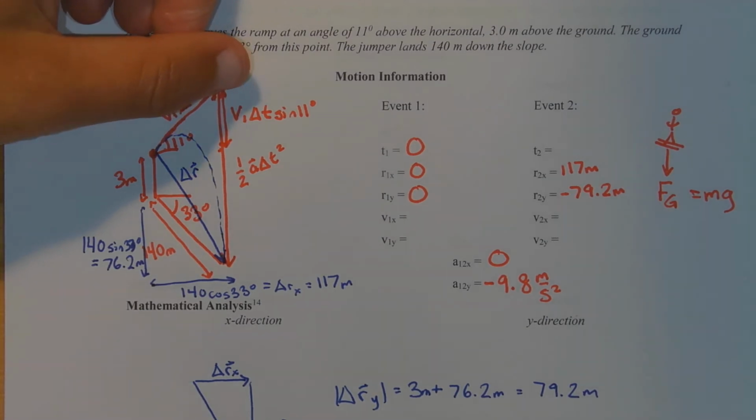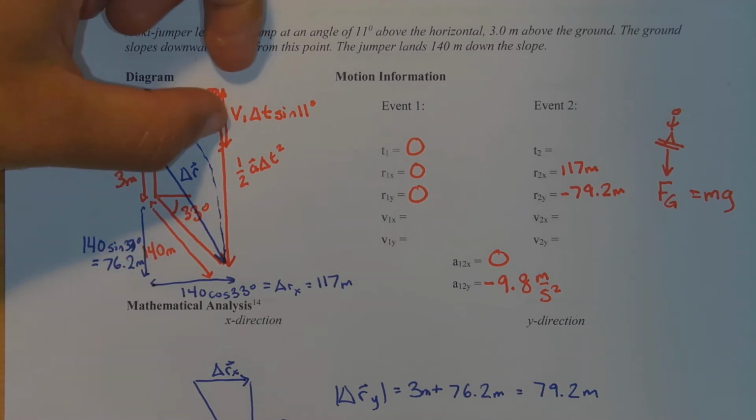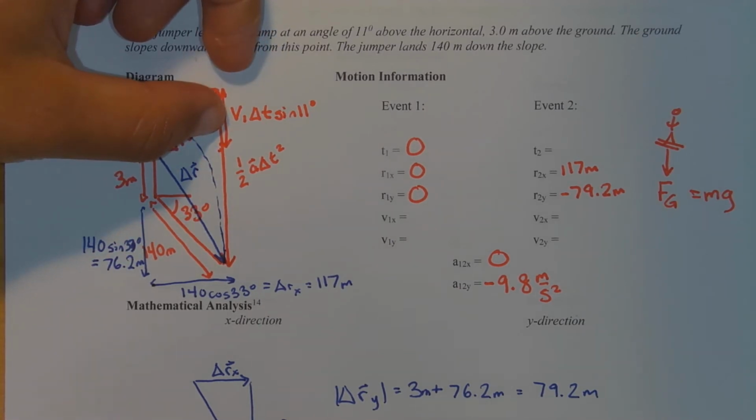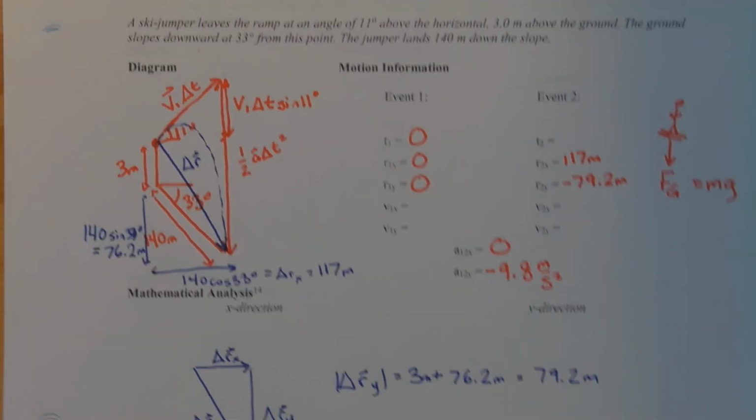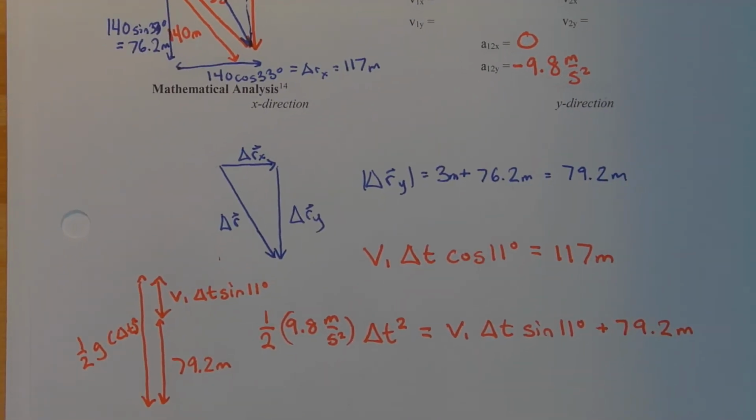So this distance here, that's the v1 delta t sine of 11 degrees plus the 79.2 meters, which goes from here to here, makes up the entire 1/2 times g times delta t squared. All of those are lengths, and so everything here is positive.